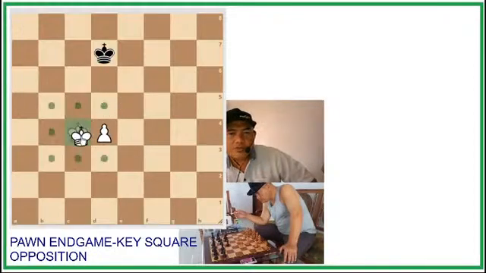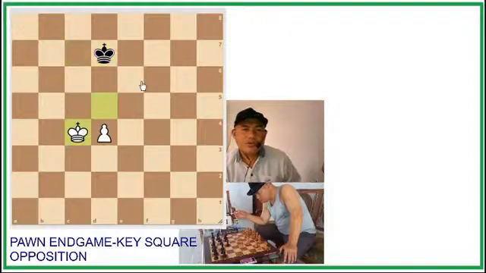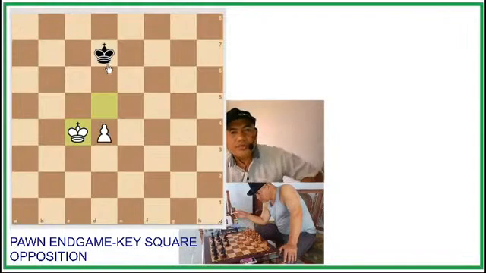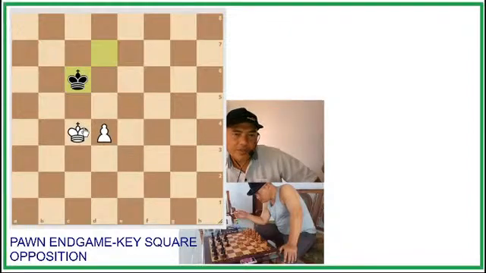If it is white to move, then we can make it by doing a triangulation. So this is black to move. Then this is a draw because black will have the opposition. When black has the opposition, then black gets the key square.